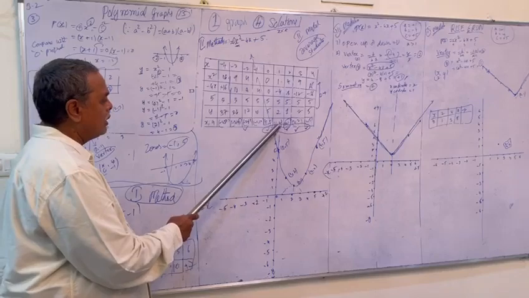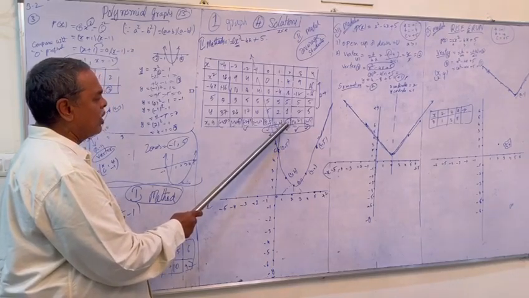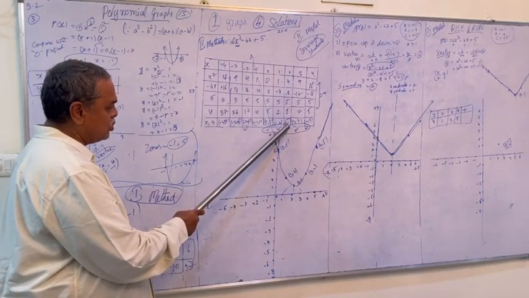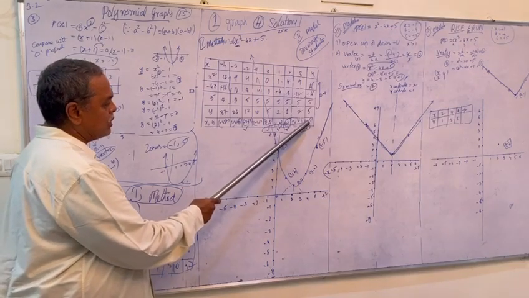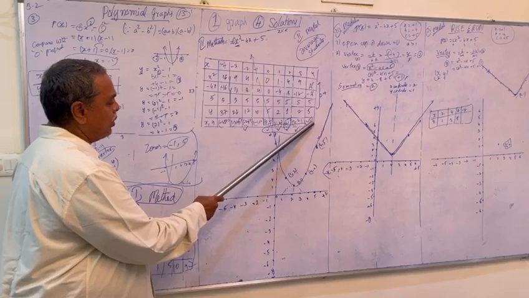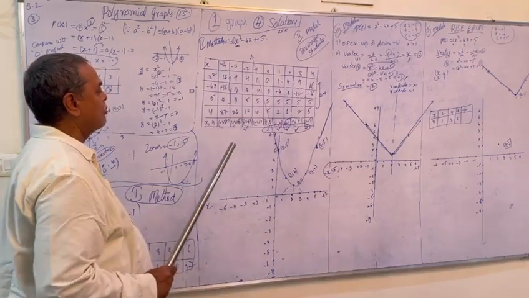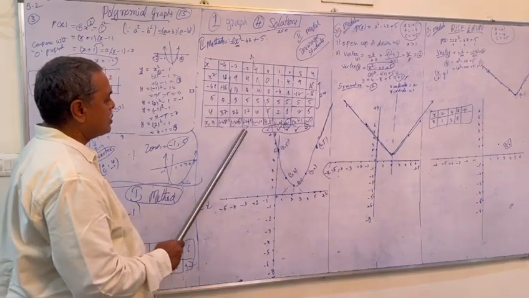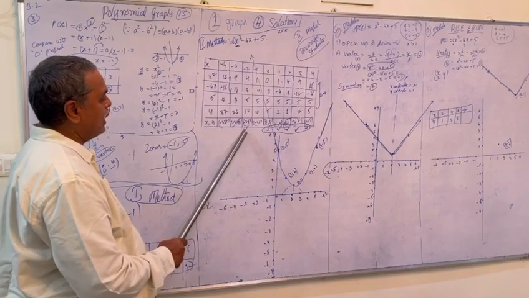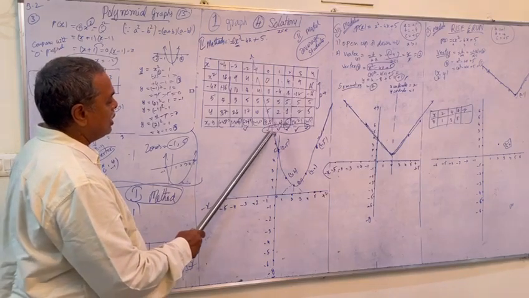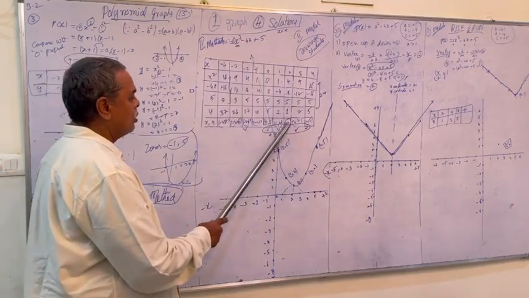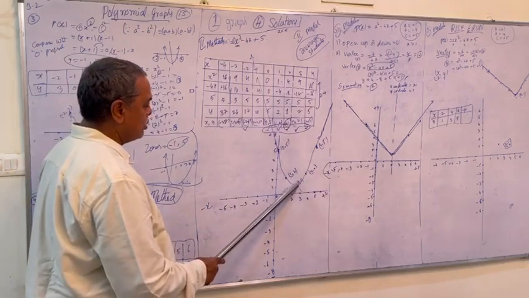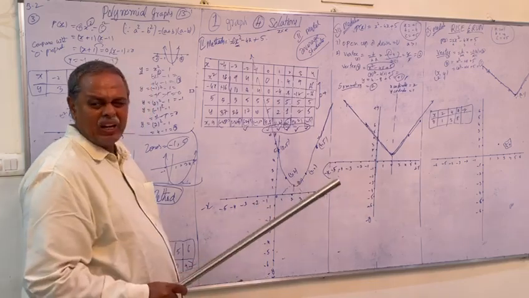Next x 1, y 2. Next x 2, y 1. Next x 3, y 2. Next 4 and 5. You will have to draw that. What is the first point? Here we have taken 2 and 1. This is the vertex, 2 and 1. Next 1 and 2.